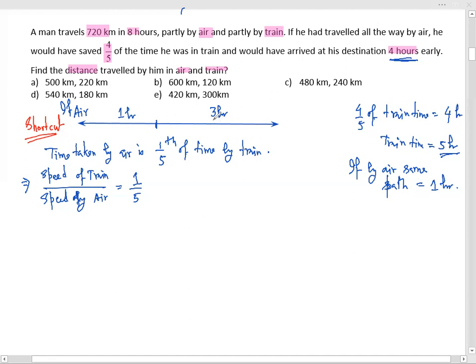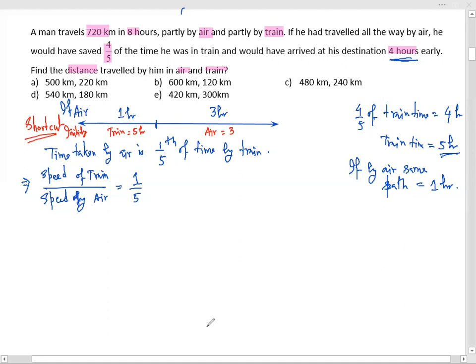Now I can write it down: initially it is by train, and it was 5 hours; initially by air, and it was 3 hours, remaining the same. Now we have converted to the same type of conveyance. If it is air, so 1 hour and 3 hours. So the path would be divided in the ratio of 1:3.